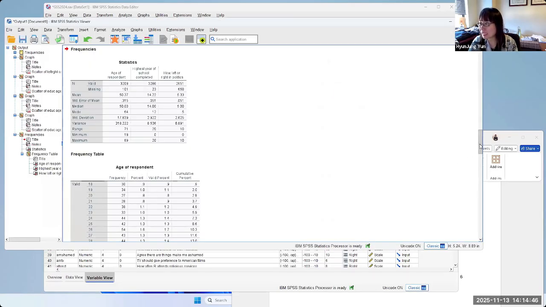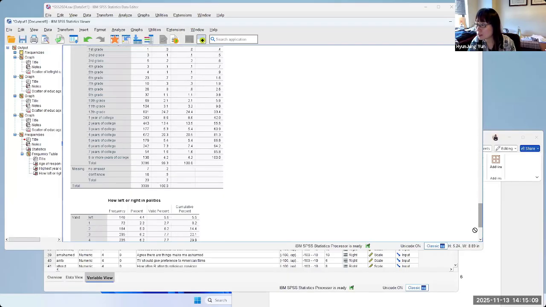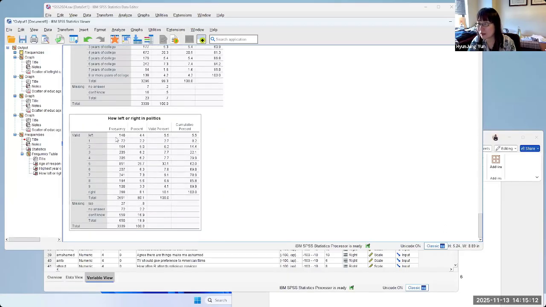Then let's see whether it's clean. So age, mean age is 50, years of education is around 14 years, and then left and right, on a scale of 10, is around 5. So it's more of a leaning to conservative because, let's see, 0 is left, 10 is right, right?